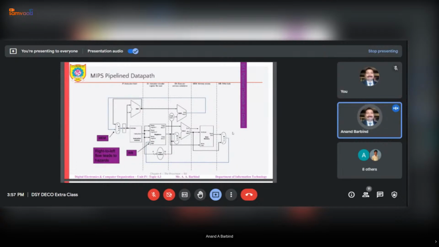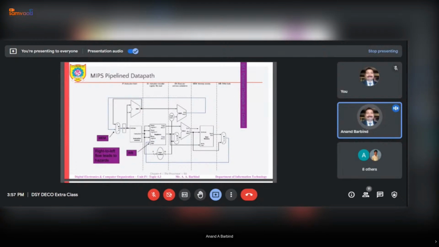Because registers are much faster than the data memory or instruction memory, the time required for instruction memory and data memory access is more than the time required for accessing the register. So within the given time, some time will be given for reading the register, and some time for writing back into the register.